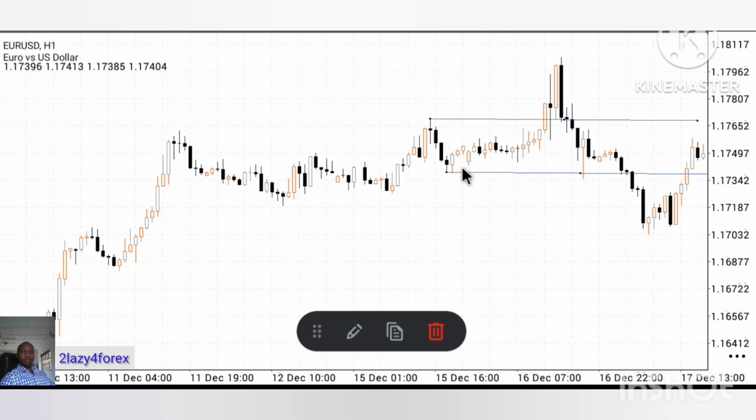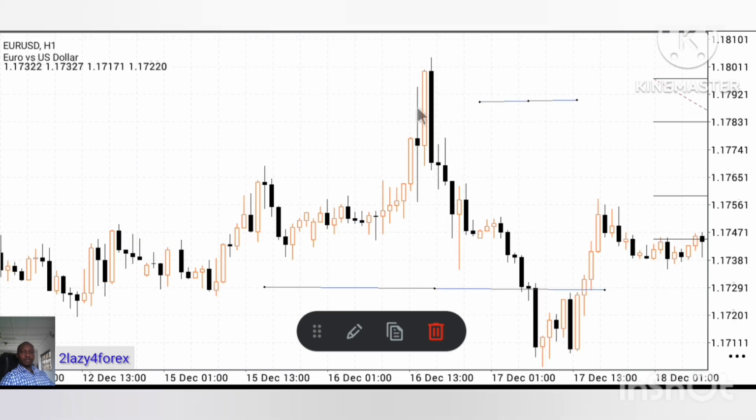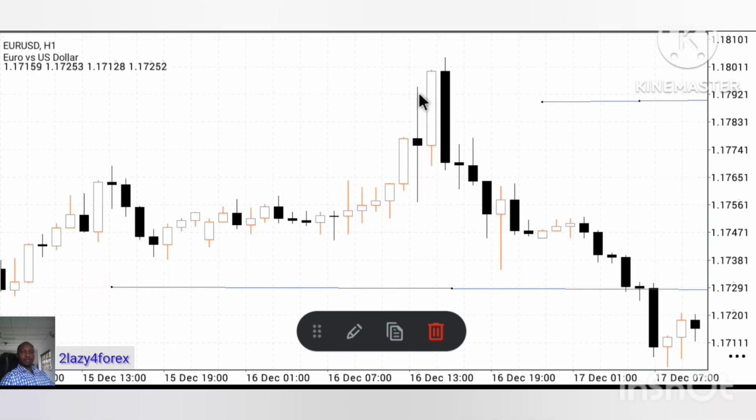Imagine for all this till to this candle, this is the low. Once it gets broken, it is free. So for this black candle, let me point. Just look at it.